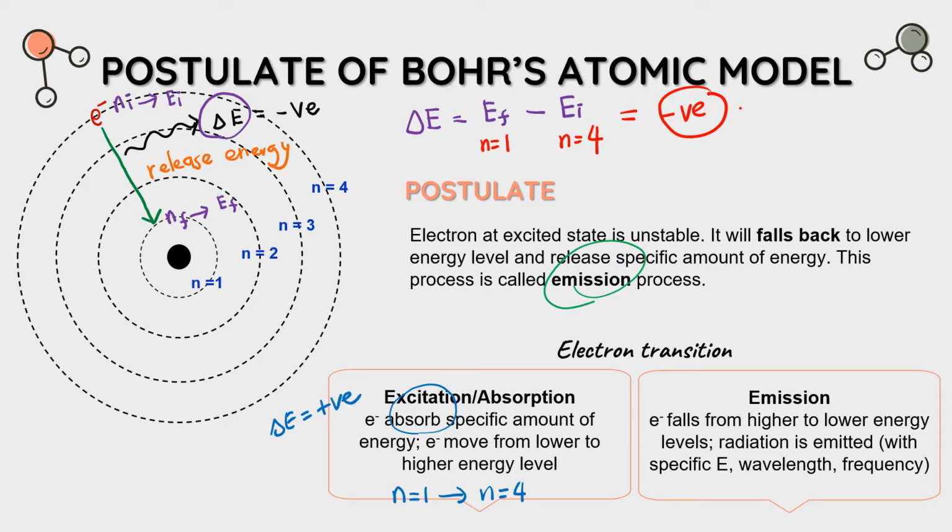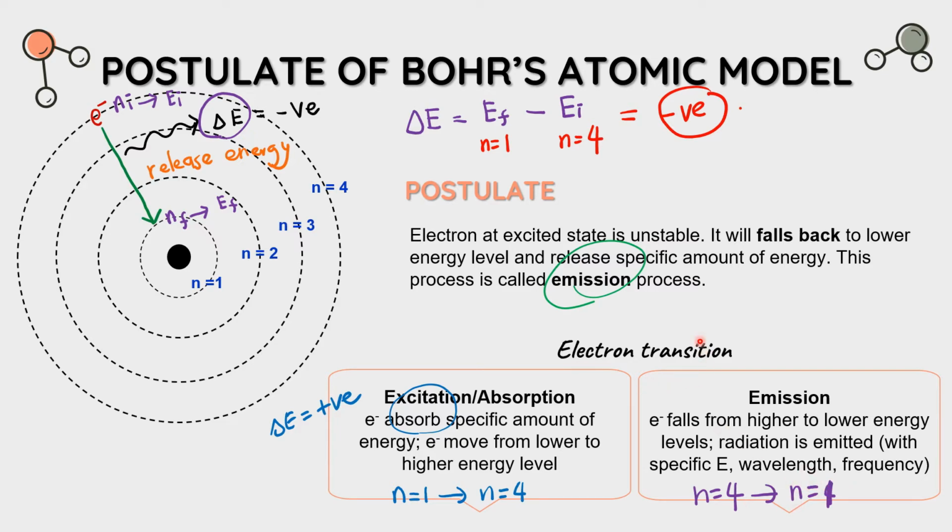Meanwhile, in the emission process, the electronic transition involved will be from N4 to N1, for example. So during this transition, electron will fall from high energy level to lower energy level and radiation will be emitted. And this radiation will have a certain amount of energy delta E with the respective wavelength and frequency.